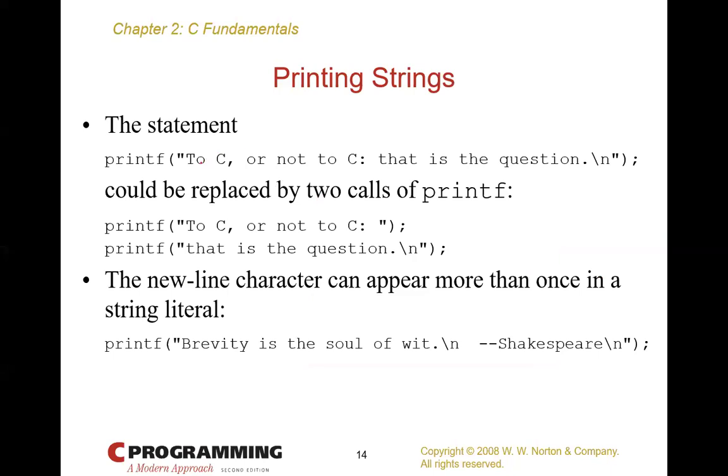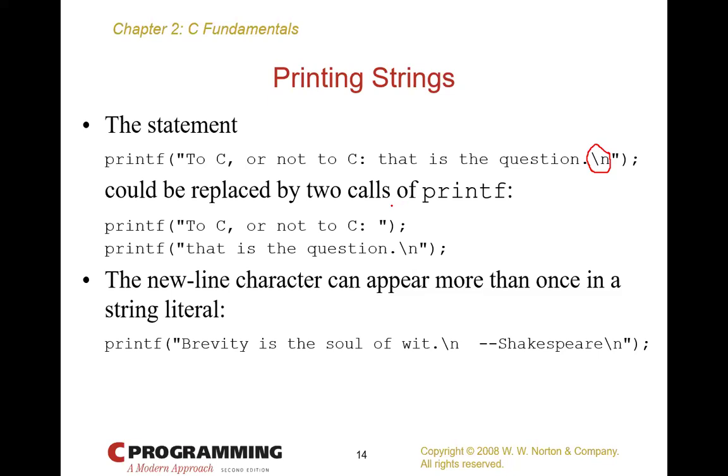The statement to see or not to see, this is the question, could be replaced by two printf calls. What this means is, since we know that if we don't put \n in a print statement, the statement would print as just a single line, we can do the opposite.